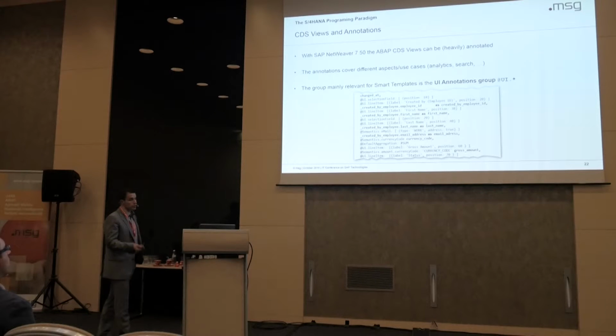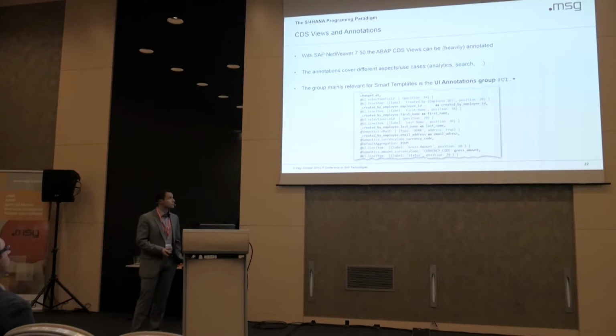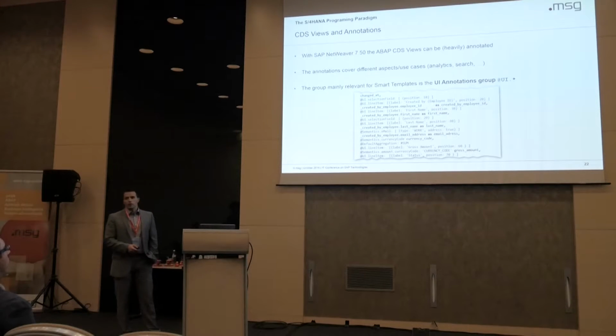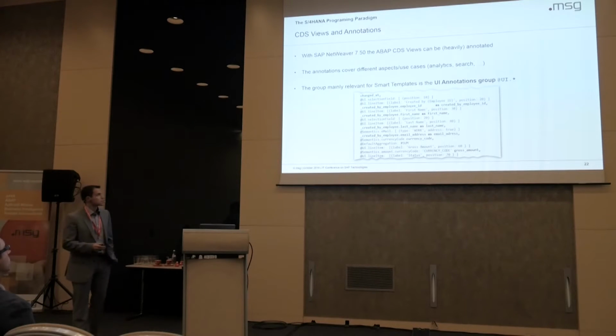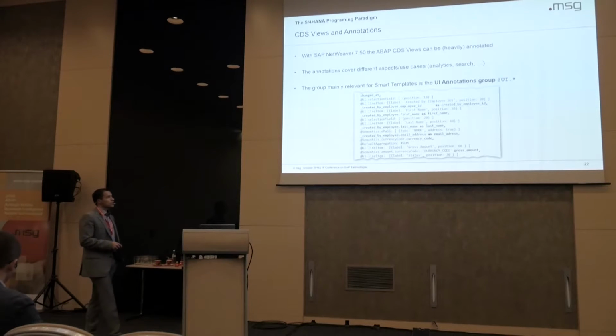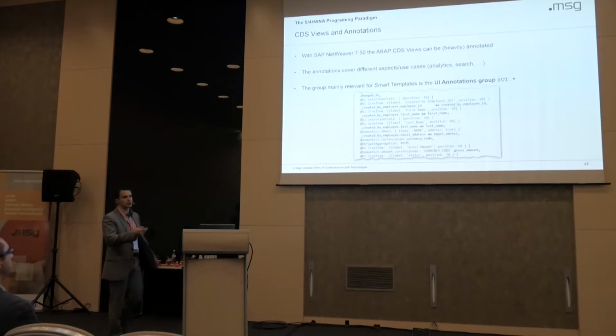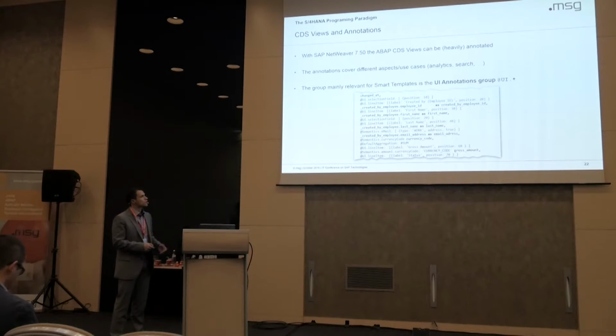This is now something that really came with NetWeaver 750. You have a lot of annotations. They cover completely different aspects of the use cases. So you have, for example, annotations for the analytic stuff: is it a cube, star join, and so on.